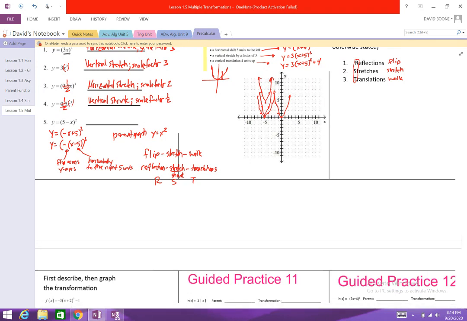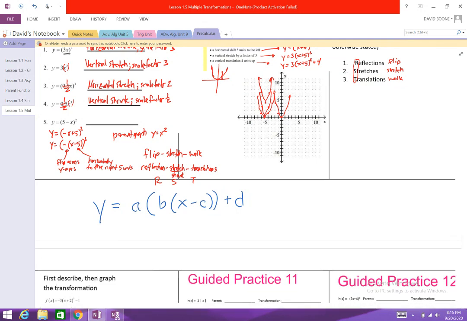What I like to look at is some general equation like y equals a times b times x minus c plus d. And you can use different letters in here, and that's perfectly fine.